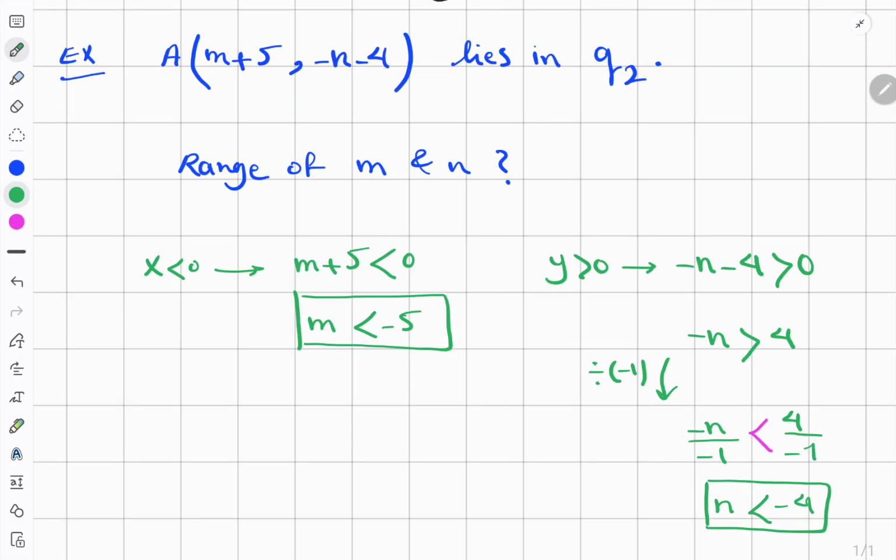Let's find a point using m less than negative 5 and n less than negative 4 to check if it works or not.